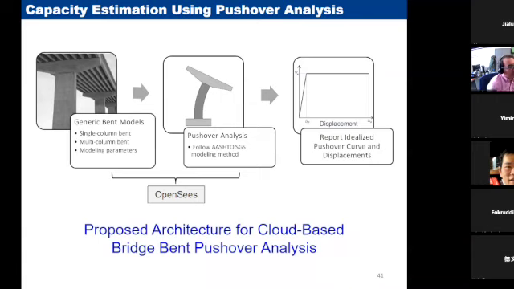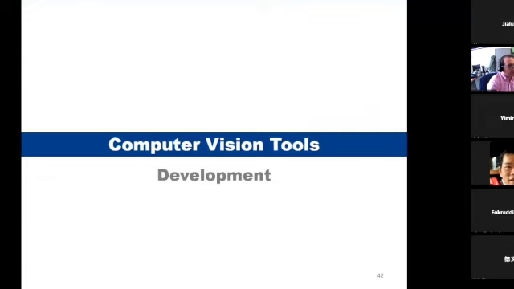Using that generic pushover model, right after the earthquake, you use those 8 parameters of the column, length, diameter, reinforcement, stuff like that, and the tool will give you the idealized pushover of that column. So you have your capacity curve. If you find your demand, which you can do based on the damage state, then you can comment on the serviceability of the bridge.